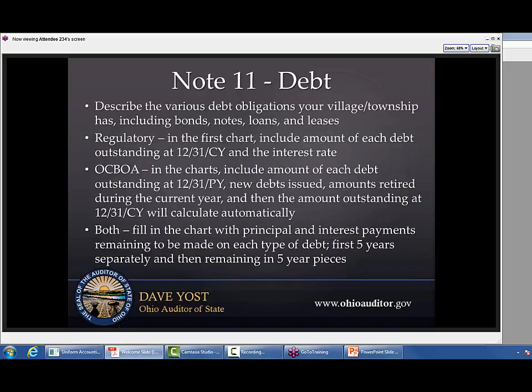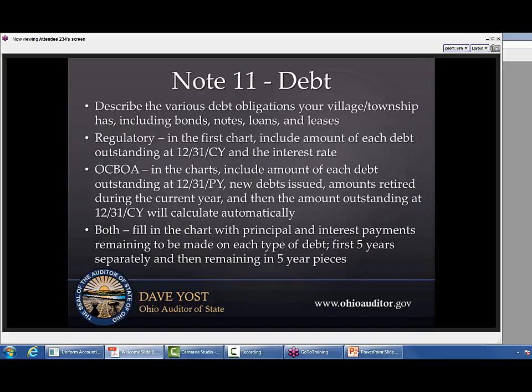If you have 3 or 4 leases, you're going to have lease 1, lease 2, lease 3, and of course you're going to describe what those leases are for. And then you're going to list the amount of principal that's remaining to be paid on the debt, and you're also going to list the interest rate. Okay? That's the first table.